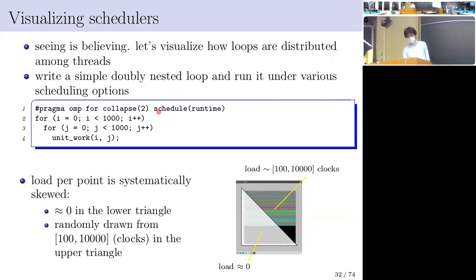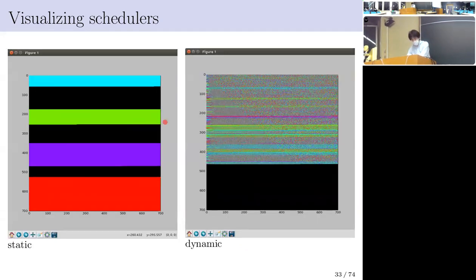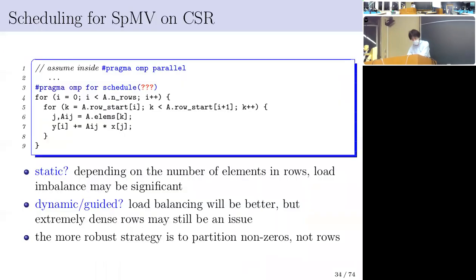So I just talked about several ways to divide the work among threads for the OMP for loop. And this is what I have just demonstrated.